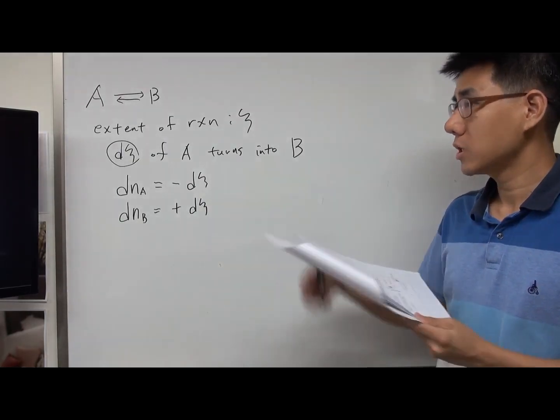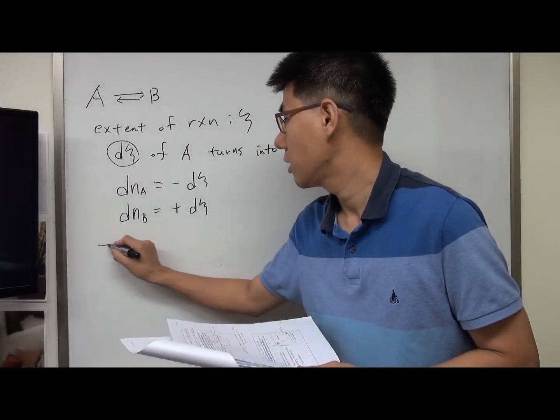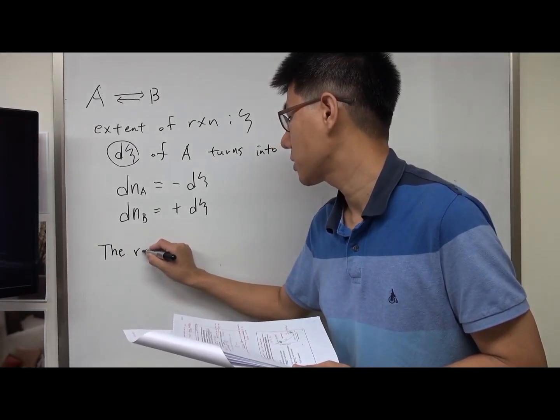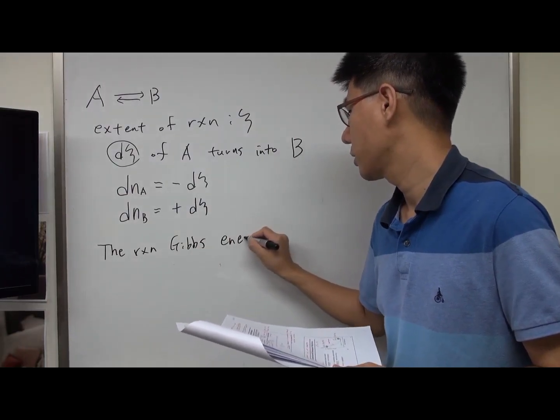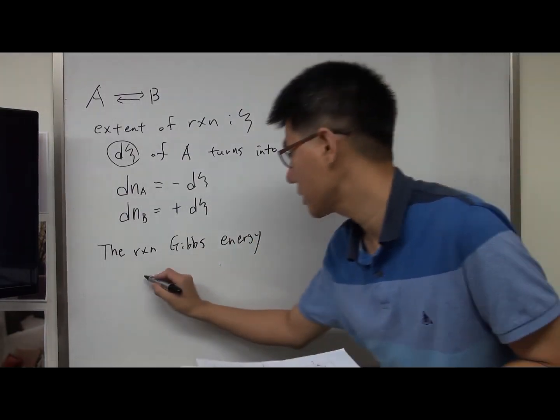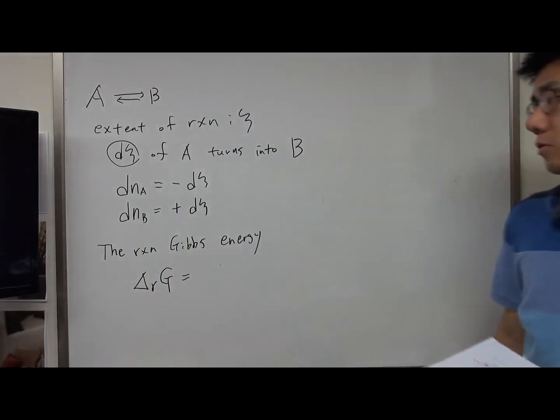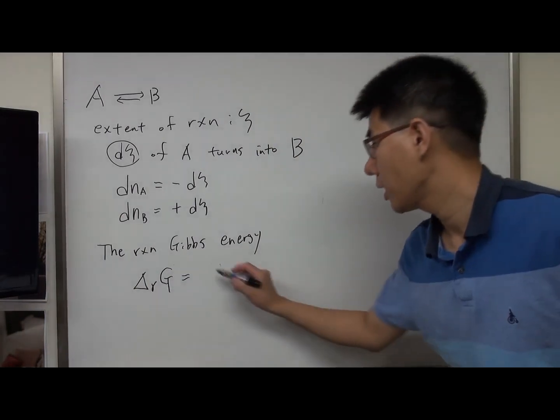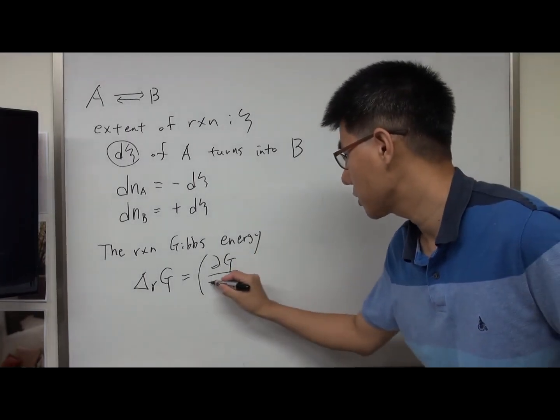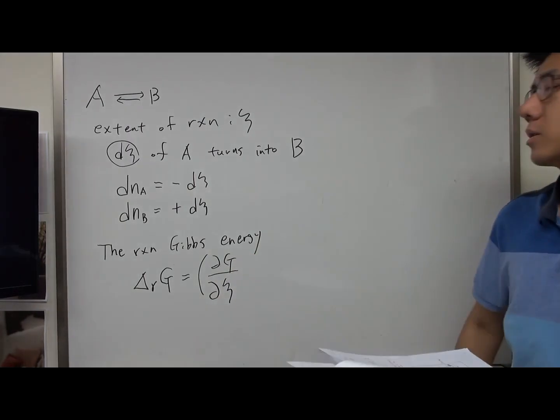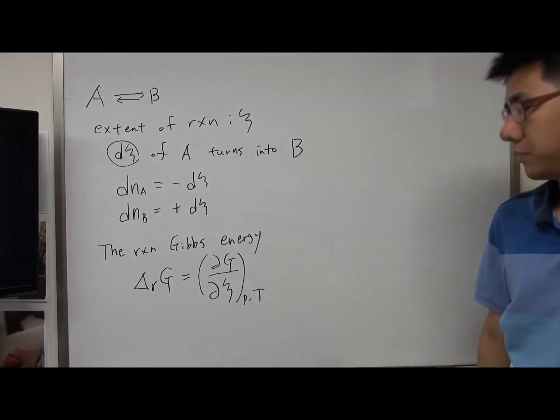For this kind of chemical reaction, we define the reaction Gibbs energy, denoted as delta r G. The reaction Gibbs energy is defined as the Gibbs energy change as a function of the extent of reaction at constant pressure and temperature.